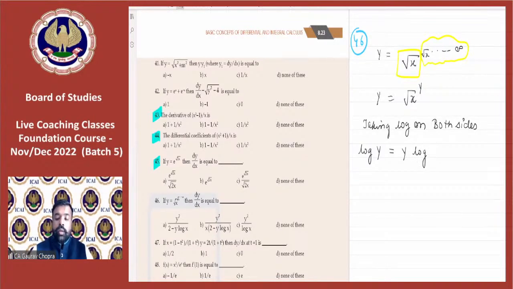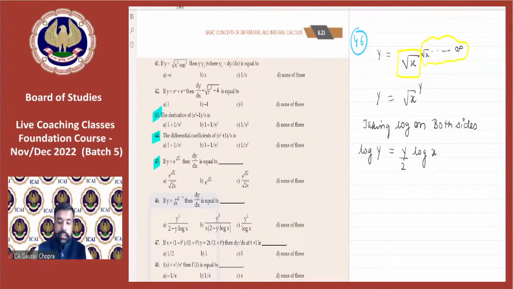And root x can also be written as x to the power of half. Whenever there is some power with log, that power will jump forward. So y has jumped forward and half will also come forward. So it will become y by 2 log x. Okay, this was the first step, taking log on both the sides.